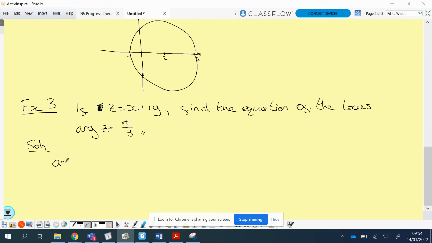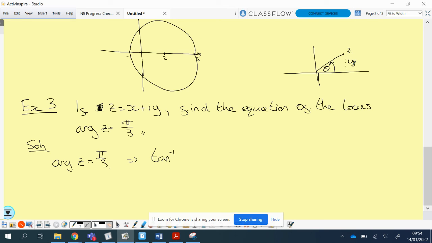So if we know the argument of z is pi over 3, then how we got the argument when we did the polar form was we used tan. Therefore it means the tan inverse. So again I'll give a quick sketch just to remind ourselves. If I've got a complex number, say over here, and I want to get the argument theta, then we use the triangle.